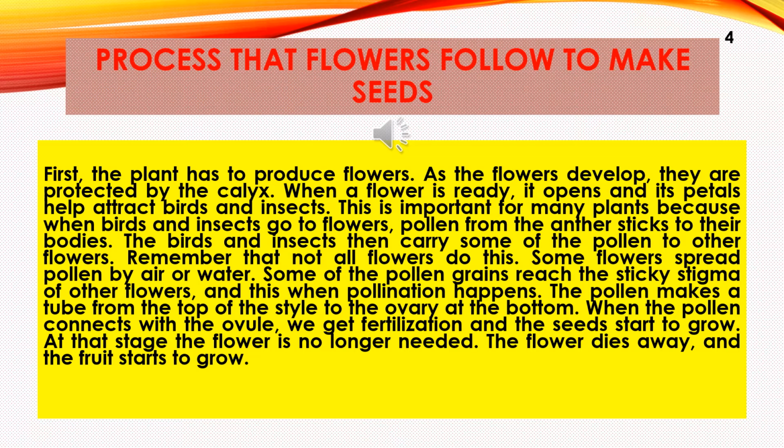Page number 4 in this video, and the title is Process that Flowers Follow to Make Seeds. Where are you going to find all this information? In your book. The page number is 39.